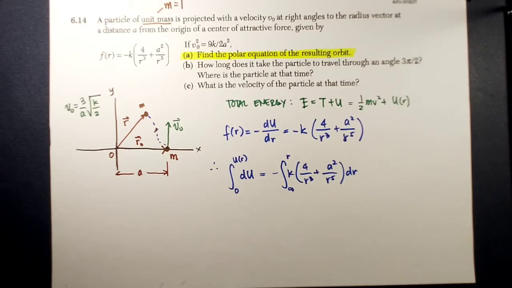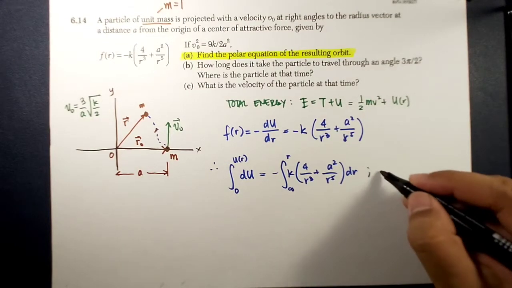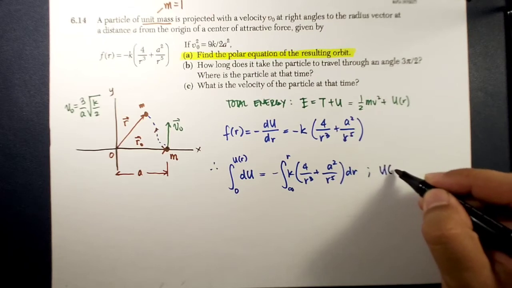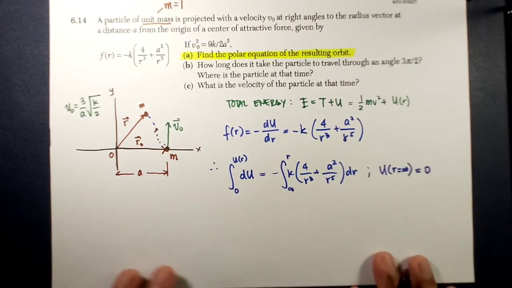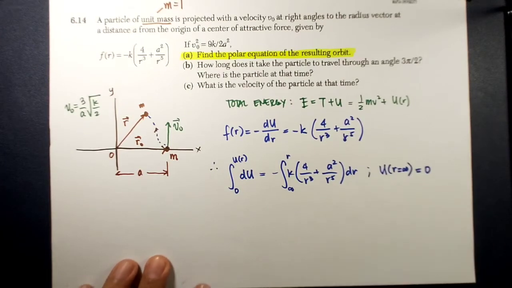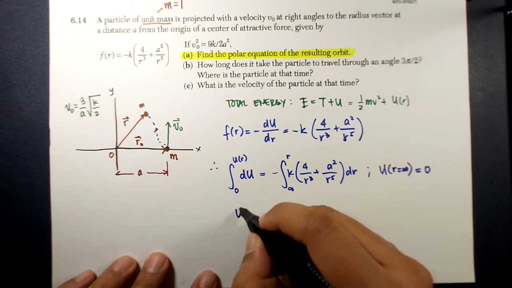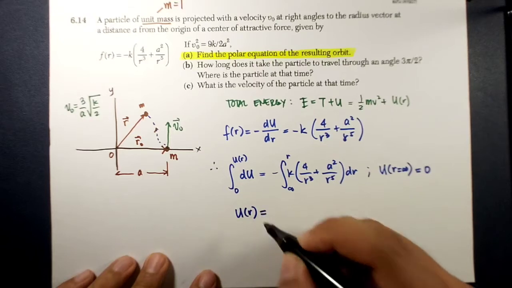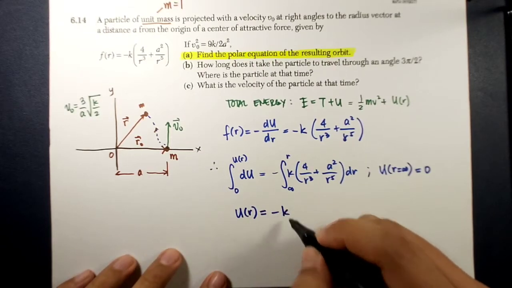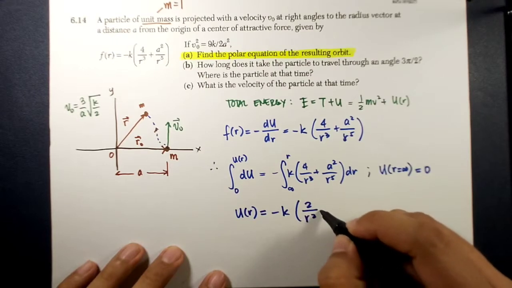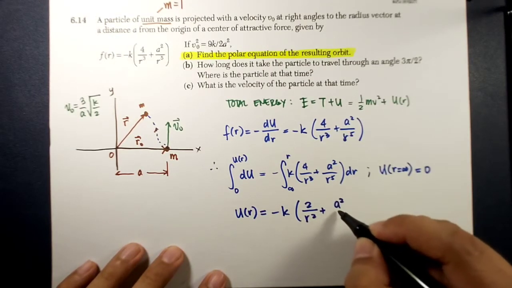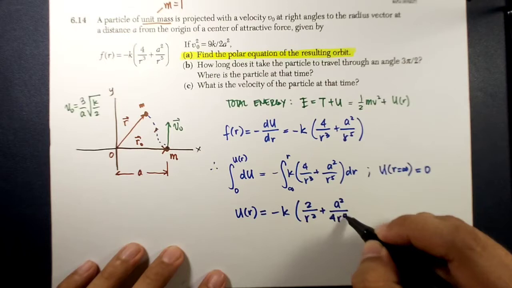So U at r equal to infinity we set to 0. Therefore, the potential energy is now equal to negative k times 2 over r squared plus a squared over 4 r to the 4th.